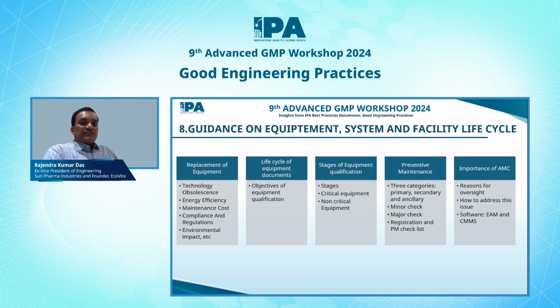These are the different steps described, starting from replacement, life cycle documentation, different stages of qualification, preventive maintenance, and the importance of AMCs. These are the things covered in this chapter of the guidance document. Next, please.